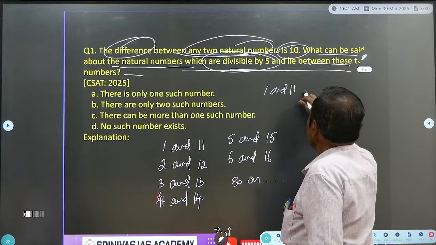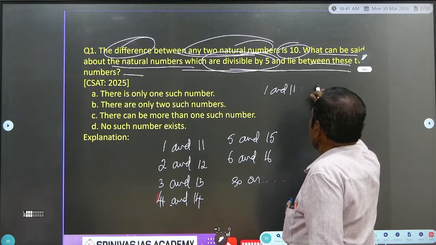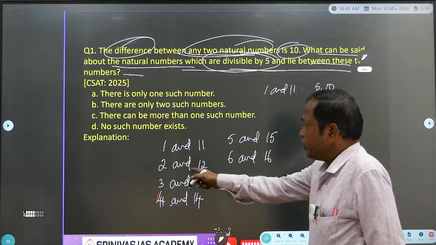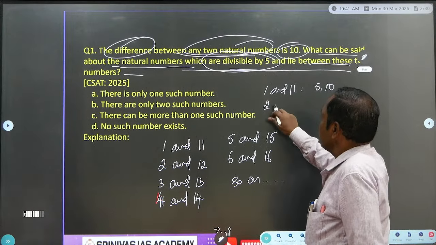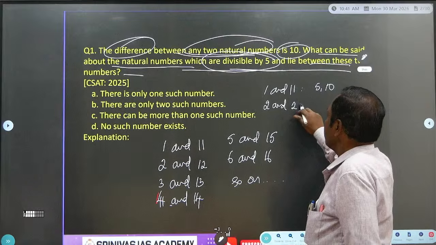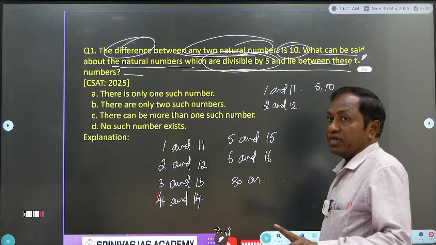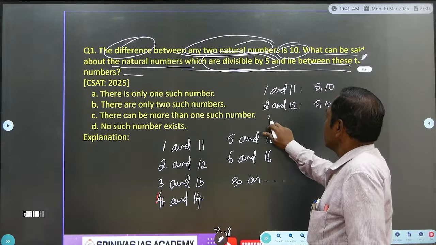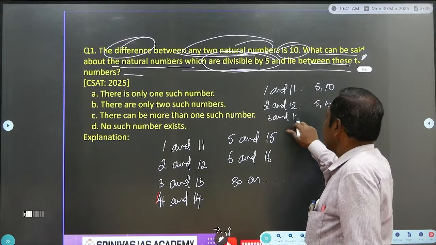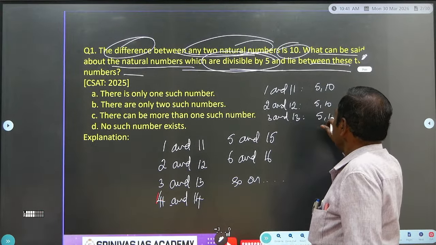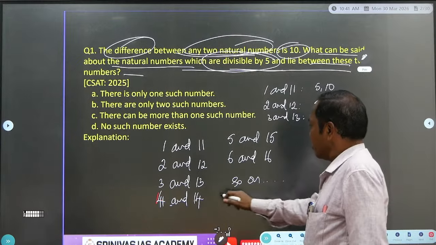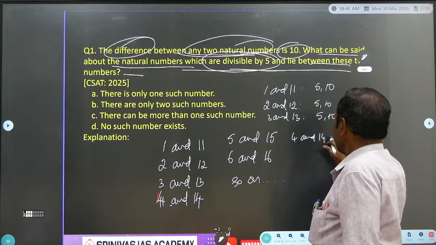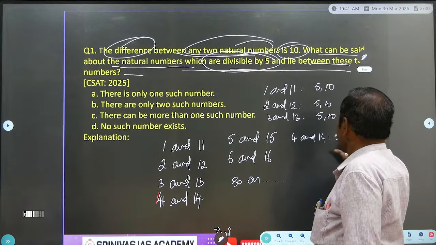There are two such numbers. If you take 2 and 12, again 5 and 10. 3 and 13, again 5 and 10. 4 and 14, 5 and 10, two numbers.